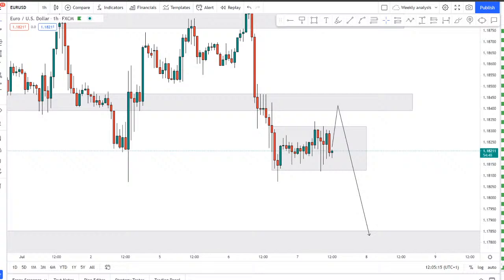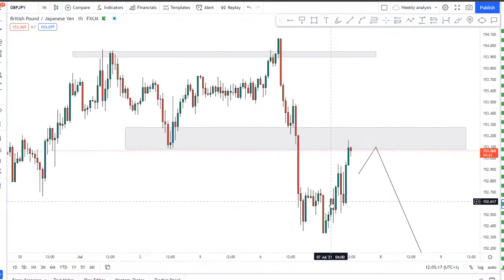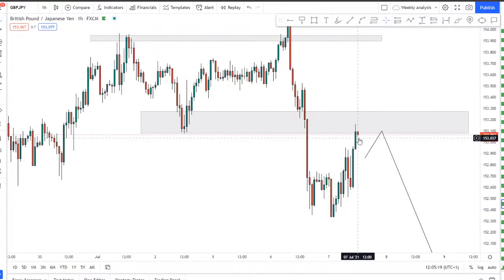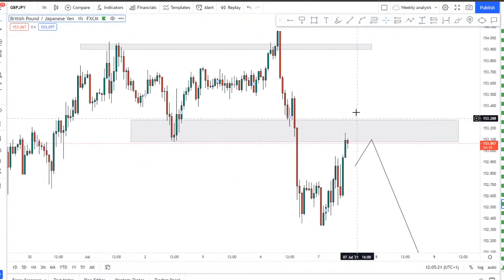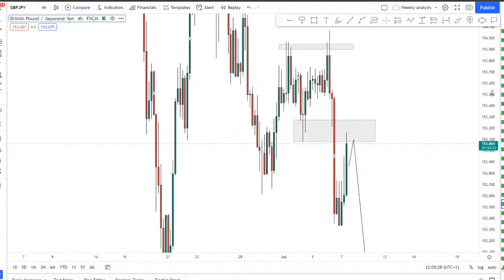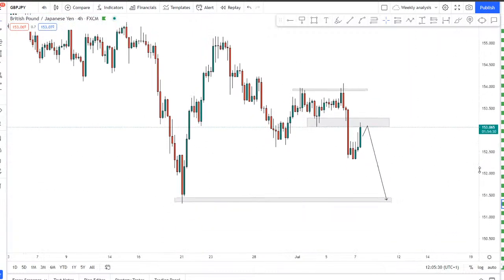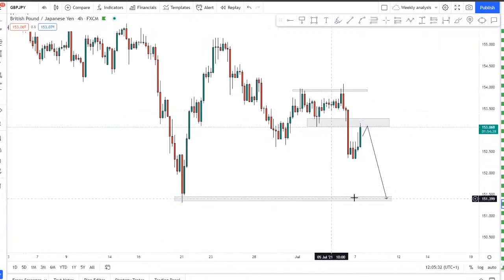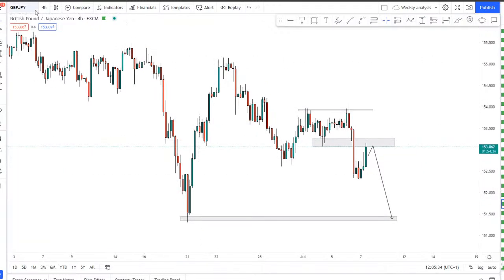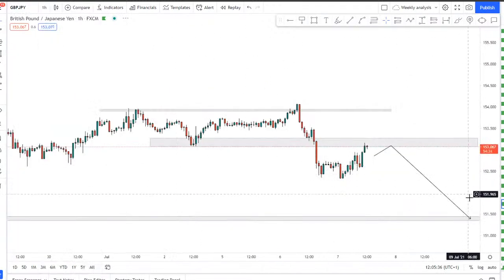GBPJPY, we're looking at that for potential sells. Still a little bit bullish for me as well, as you can see, pushing to the upside. GU looks quite bullish, so this was kind of following behind it. Price support there, which is now turned into resistance. So if that does hold, I can see GBPJPY fall to the downside, back into these lows here, and maybe even further. But as of right now, we're still kind of bullish here.